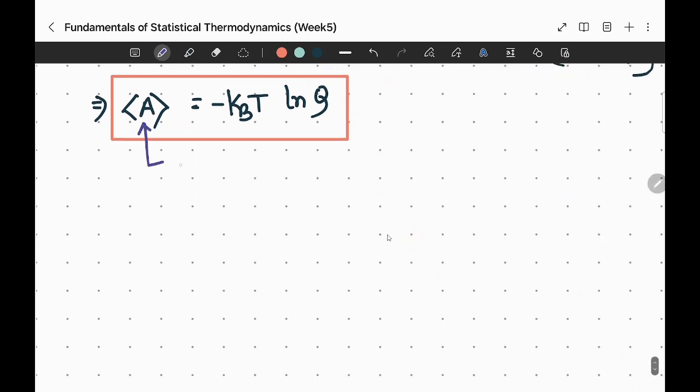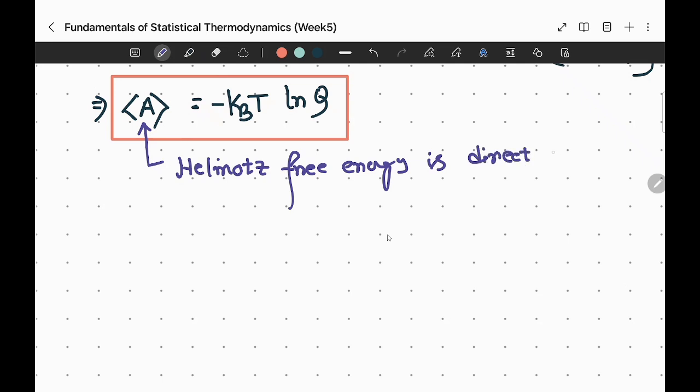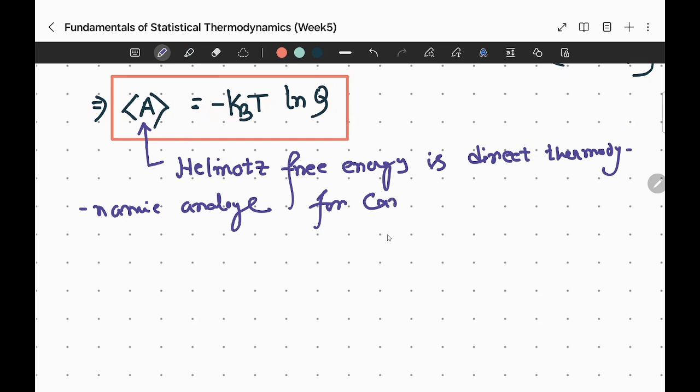So that's why this Helmholtz free energy is called the direct thermodynamic analog for the canonical partition function.